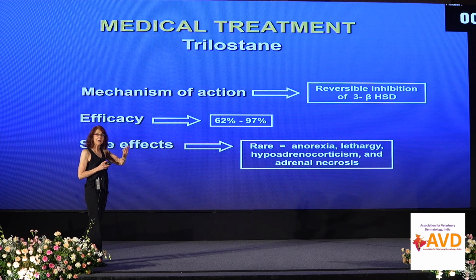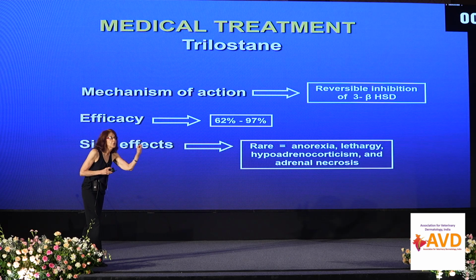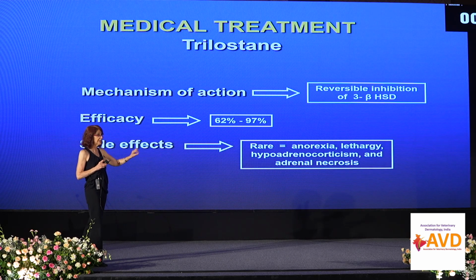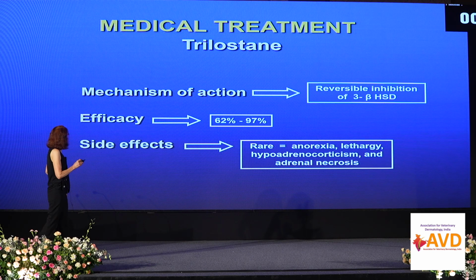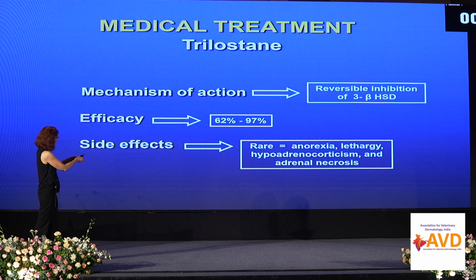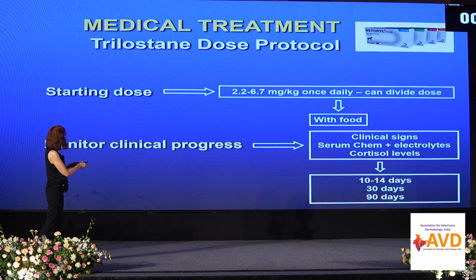When you treat with mitotane or o,p'-DDD, you're causing adrenal necrosis. But here you don't want to cause adrenal necrosis; it's not the mechanism of action, but it can occur in some cases. In the cases reported, they actually died, but it's rare. People are usually more concerned that it's not working.